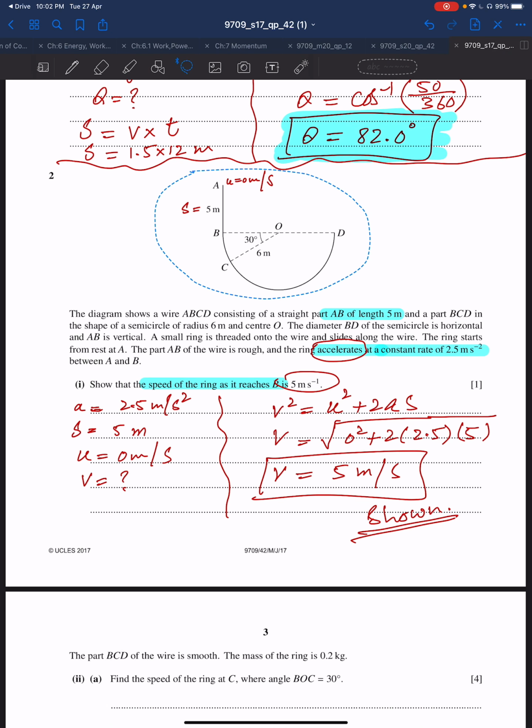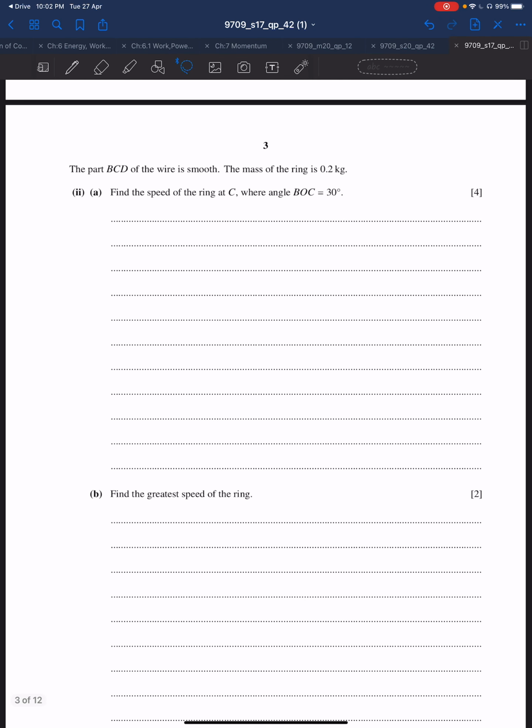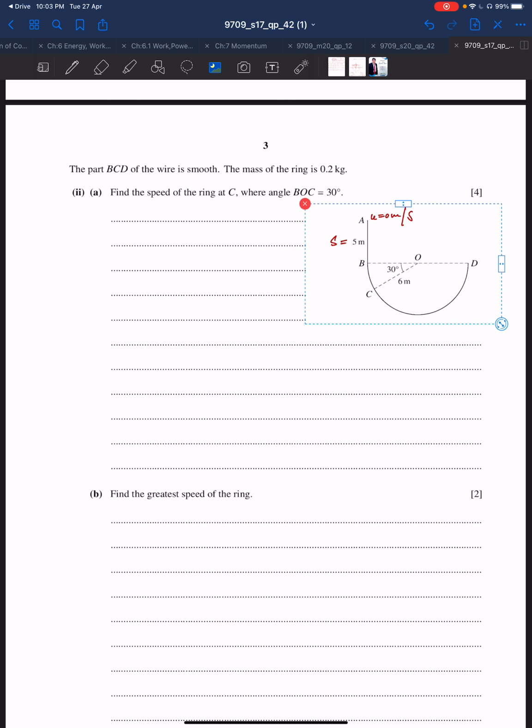I'll paste it here. Now they are saying the part BCD of the wire is smooth. So this part is smooth, right?